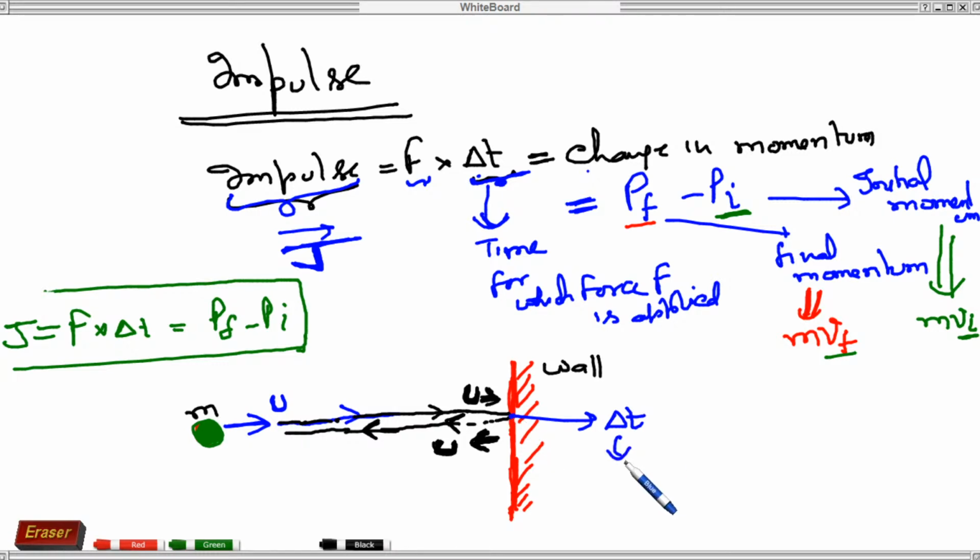This is the time of contact with the wall. The ball comes here, hits it here, then stays there for delta t time, and after that it returns back in the same direction.